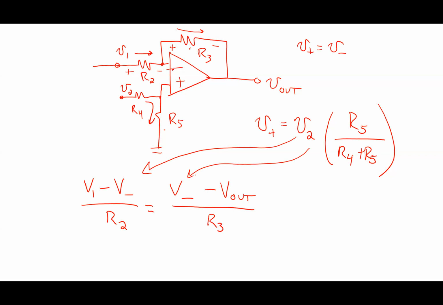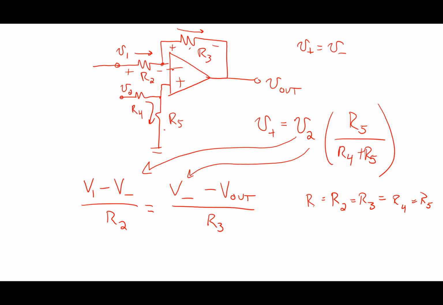But let's say, for sake of argument, if R2 equals R3, if they were all equal to each other, so let's make them all the same value R. What happens if I do that?